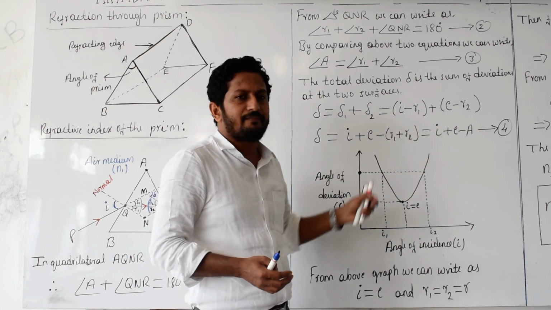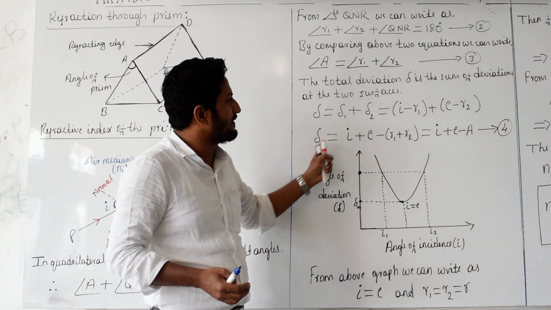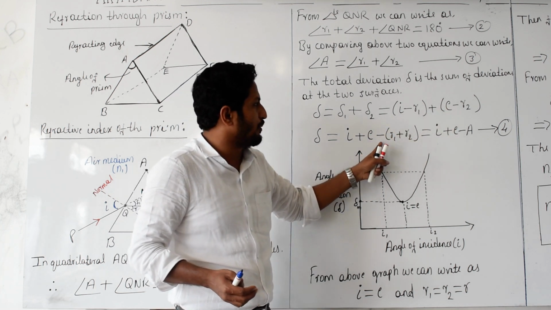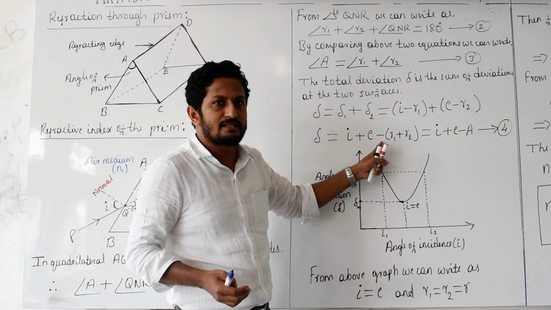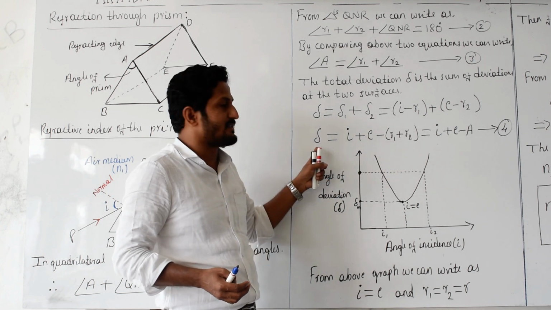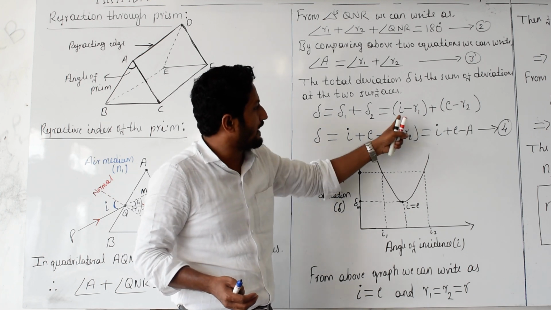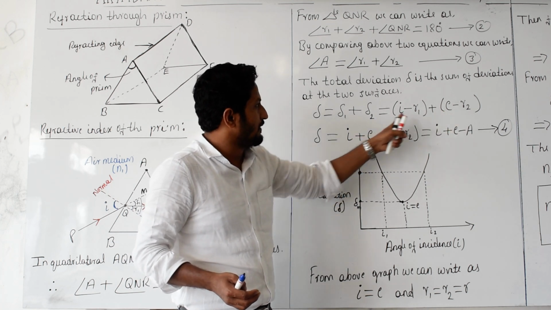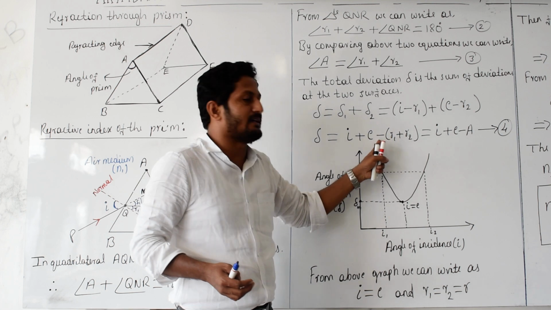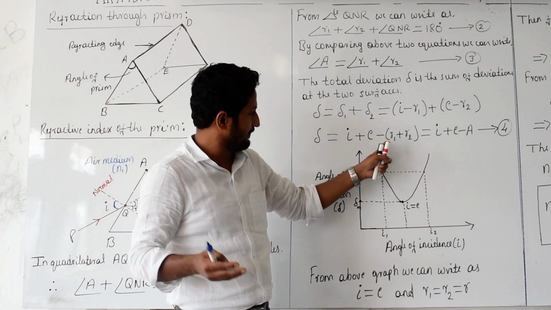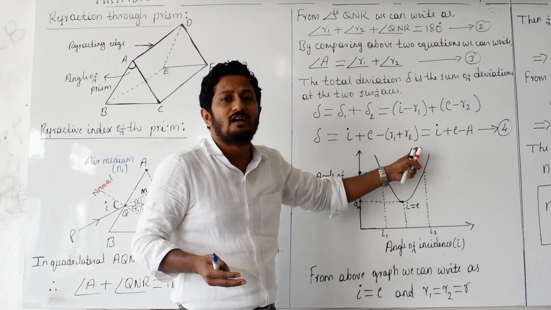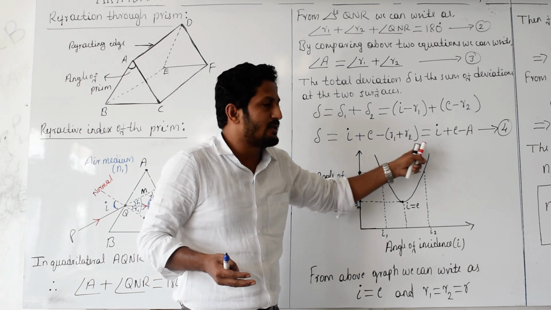Then look here again. What we have done? Here I just took minus common, and then it becomes delta is equal to I as usual plus E as usual, minus into R1 plus R2.